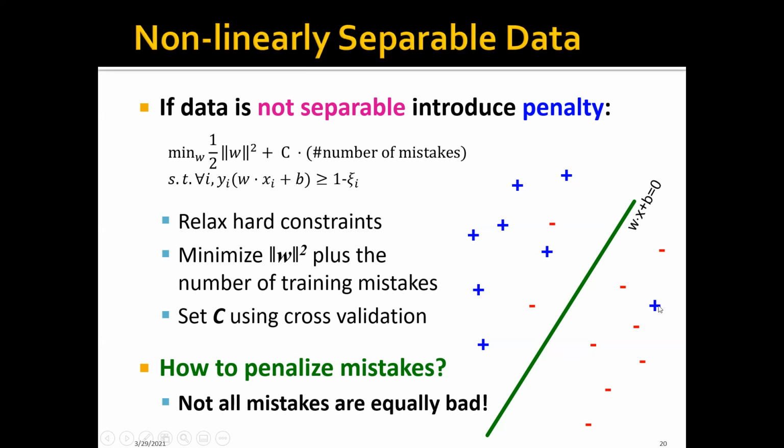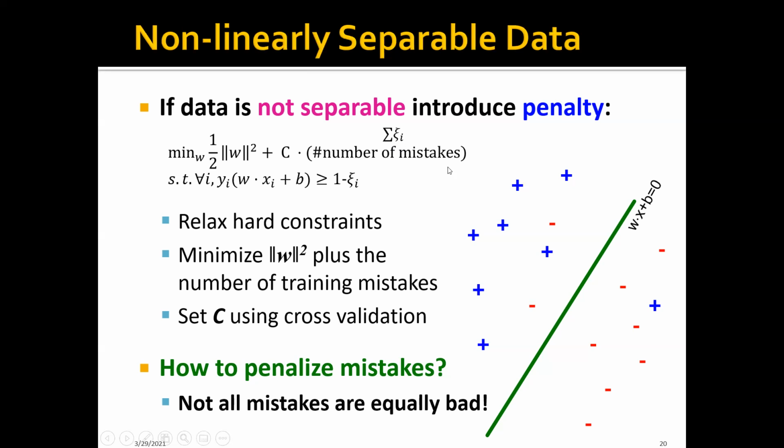So this mistake is actually pretty bad. The natural way of doing this is that we can penalize the mistake according to how much you relax the margin. The more you relax this hard constraint, the more you will be penalized.